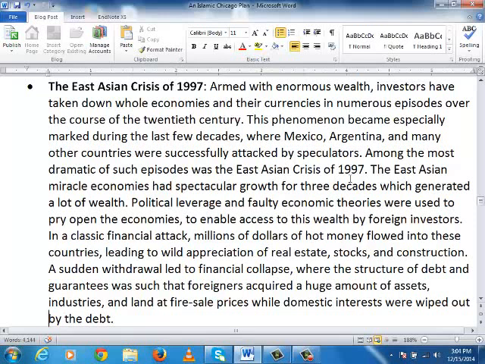Whole towns were constructed, and after the collapse, these were just empty towns. There were expensive apartment buildings with nobody living in them. People invested in these things, and then the money was suddenly withdrawn.